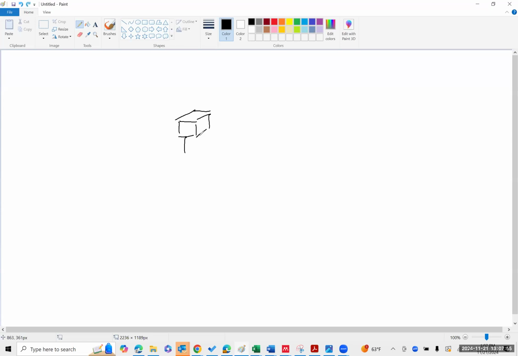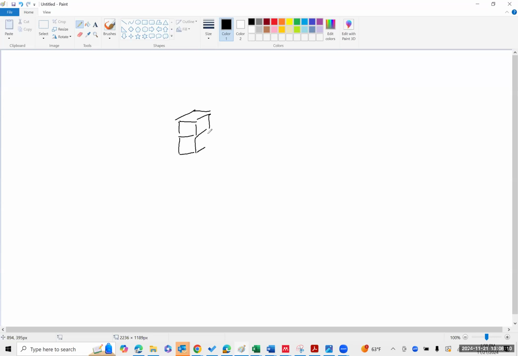I think I'll add them in this way. So you start adding cubes to the bottom row. It's almost like steps, I would say.